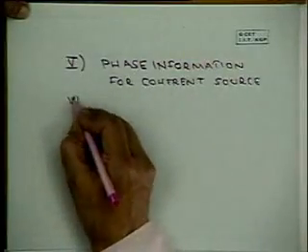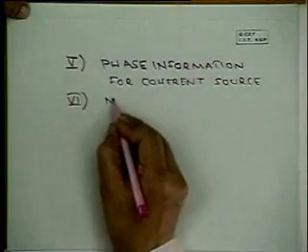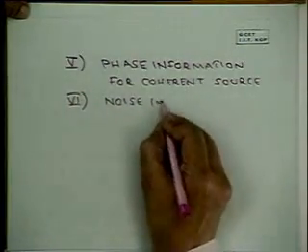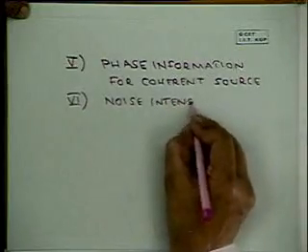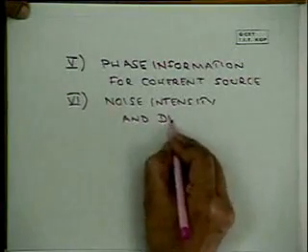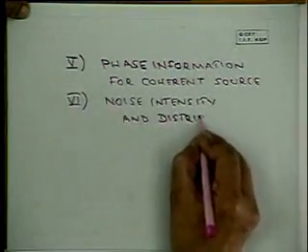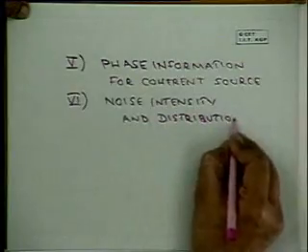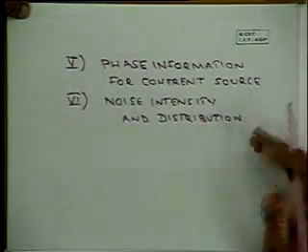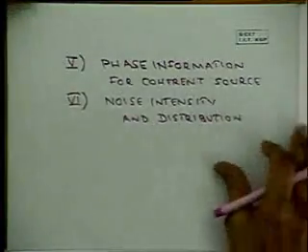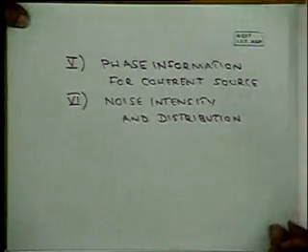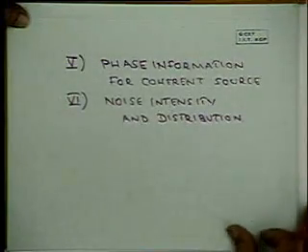And of course, inevitably there is noise. The intensity and spectral distribution, the variation with time is important, because noise forms the lower limit of detectivity, which limits the operation of detectors.